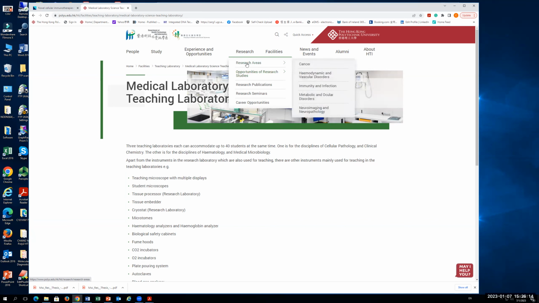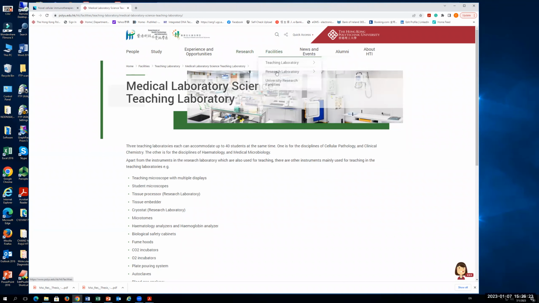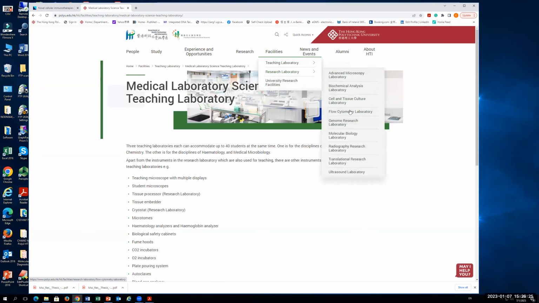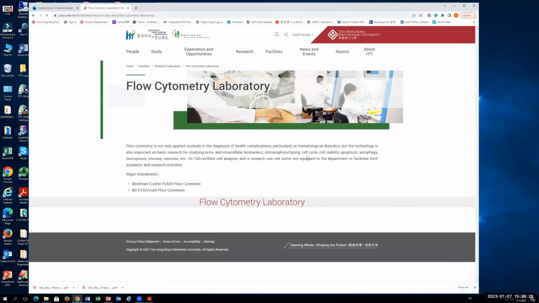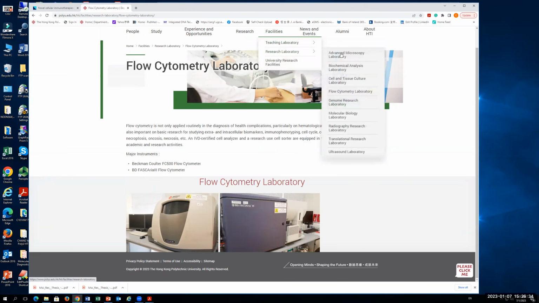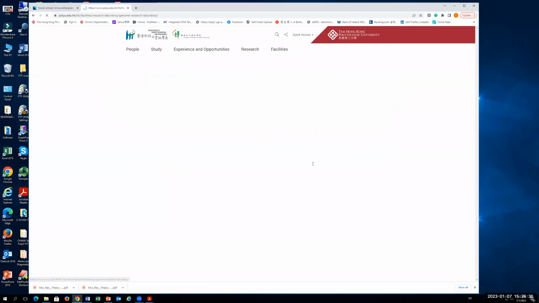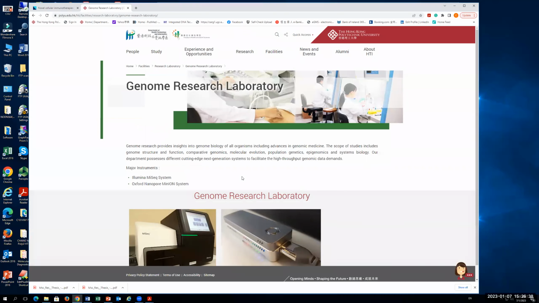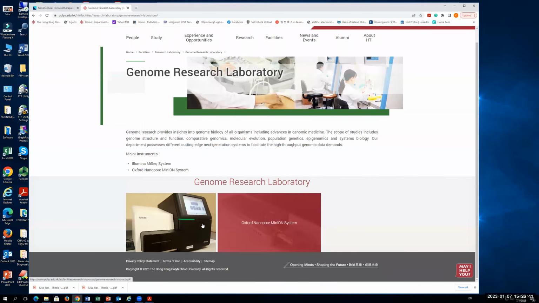For example, cancer and metabolic disease research. For research facilities, I just showed you the flow cytometry laboratory. Even our department has updated flow cytometry, and also a genome research laboratory, including the NGS Illumina platform and nanopore long-read platform.